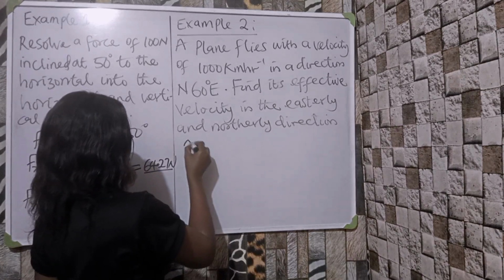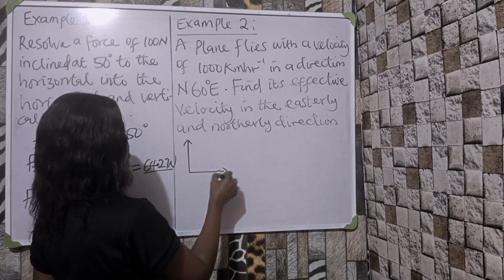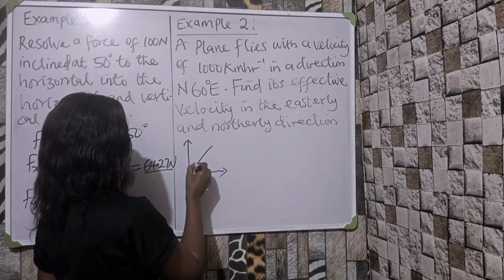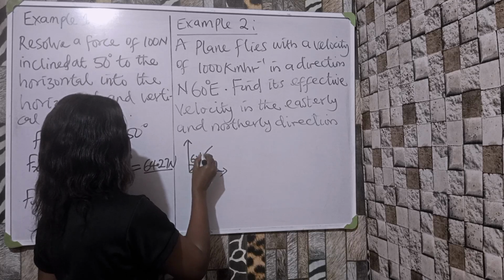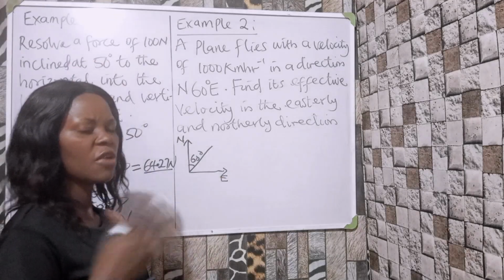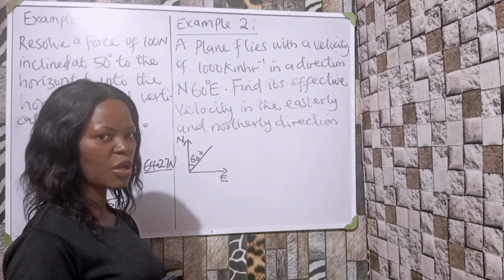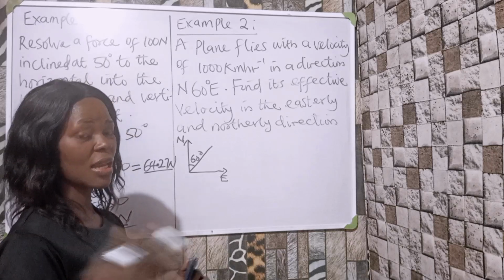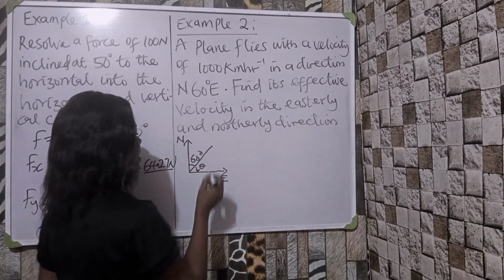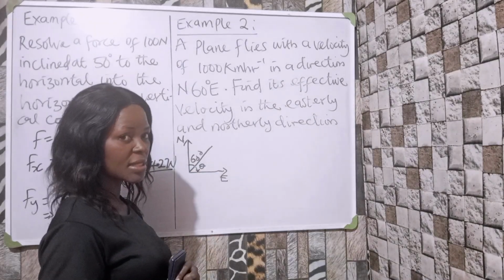If they say north 60 degrees east, it means from here to here the angle given is 60 degrees. This is north and this is east. For us to resolve a vector, we are going to make sure that the angle is inclined to the horizontal. That means the angle we need is this one, which is theta. Are we getting this now?